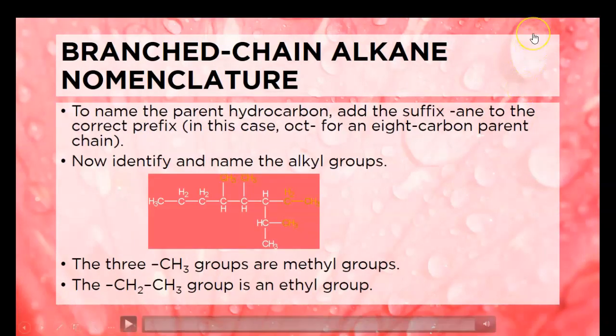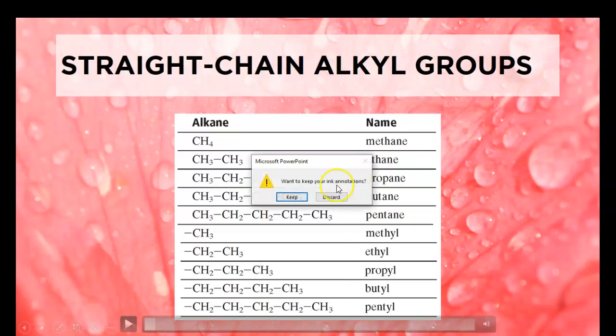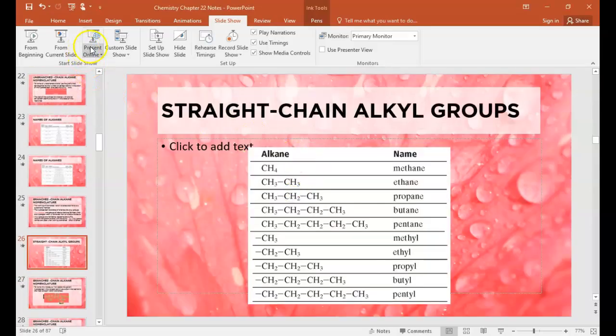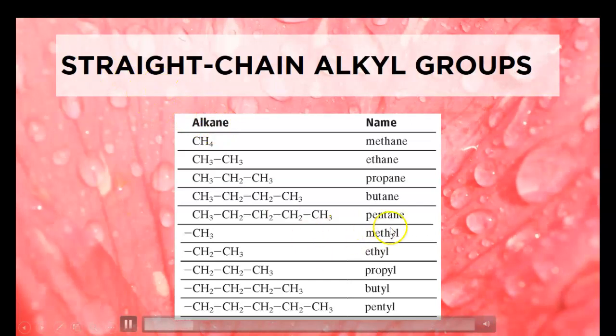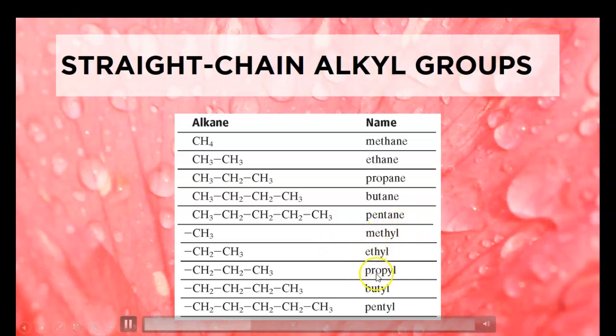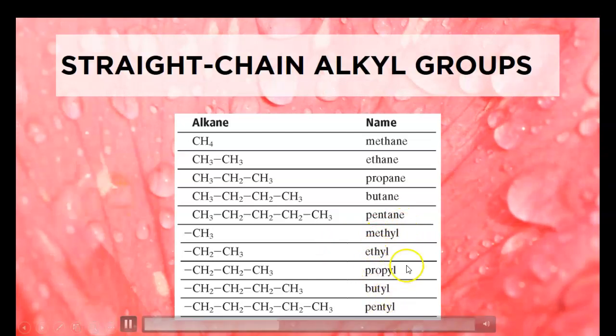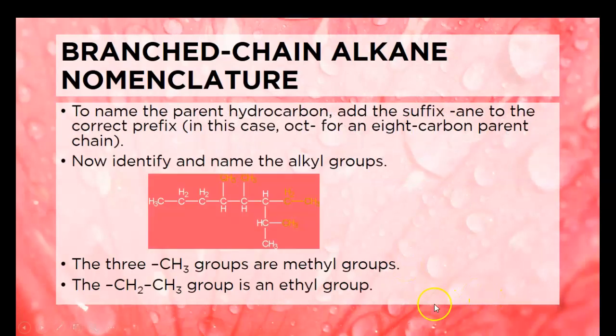So first, I know it's octane. The next step would be to find my alkyl groups. And this is where that chart might come in handy on slide 26. A lot of people refer to this slide 26 because you're going to start to recognize these, but you have a methyl group, an ethyl group, a propyl group, a butyl group, and a pentyl group. And it can go further, just like the alkanes do.